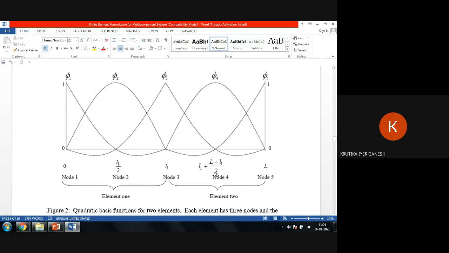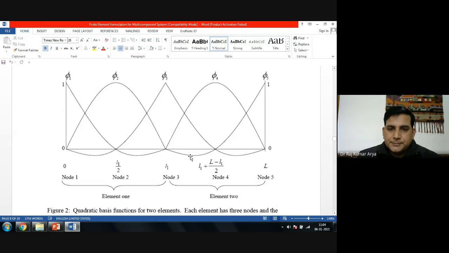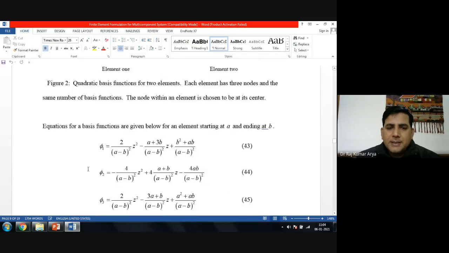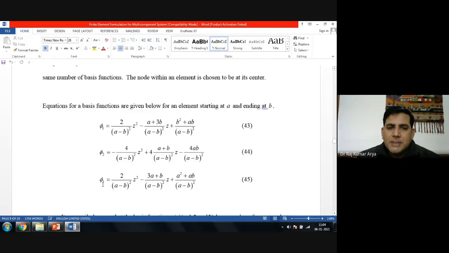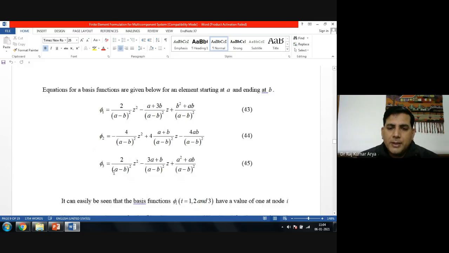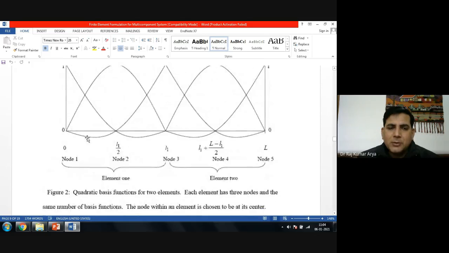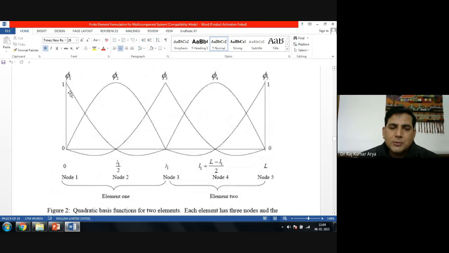Now, let's go further. These are the derivations of phi 1, phi 2, phi 3. You can also do the derivation of this, because we have considered a quadratic basis function. So you can consider, let's say, phi 1 is ax square plus bx plus c. That is called your quadratic equation, right?